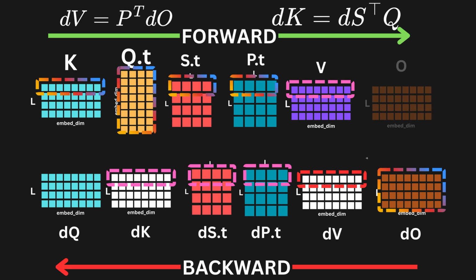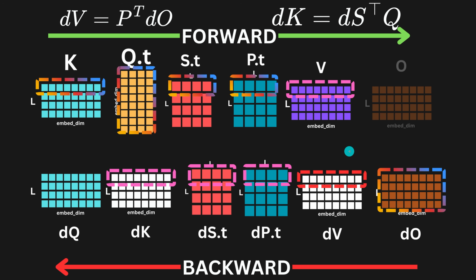And so essentially, there's an overlap. The entire process of computing probabilities is the same, right? We need them both for dv and dk. So we can do that once and just share that information between the two operations. The do is of course always the same, it's the upstream gradient. And then in the process of computing dk, we have some extra pieces of information. In the process of computing dv, that's pretty straightforward.